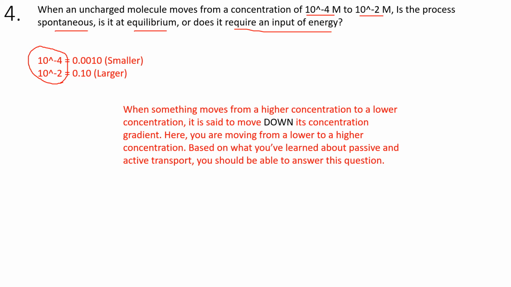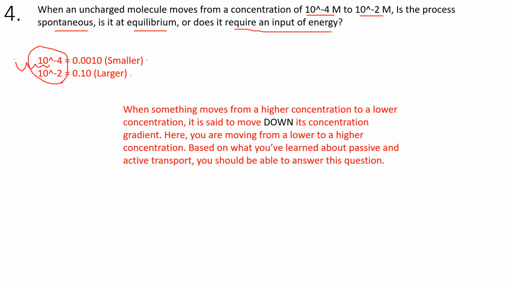You basically have 10 and you move 4 decimal places to the left, 1, 2, 3, 4, and you put your dot there. So this becomes 0.0001 and 0.01. So this number is smaller than this number.